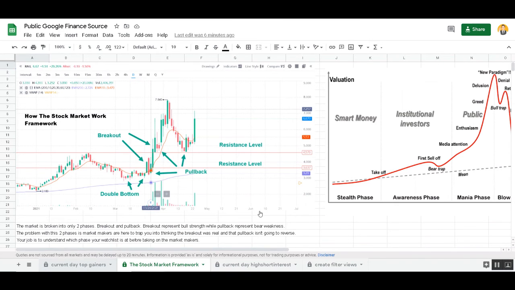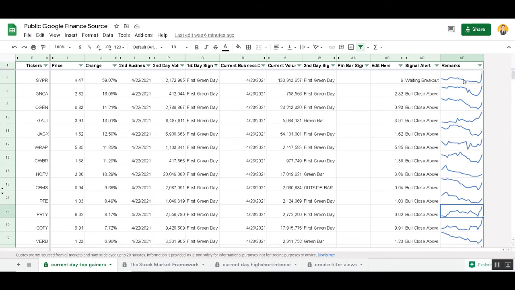Okay, so I hope you understand how to use Sparkline to create your trend without occupying a lot of columns in your rows.